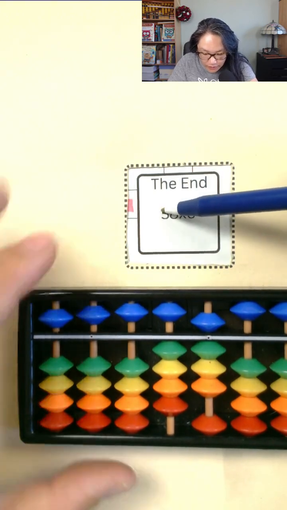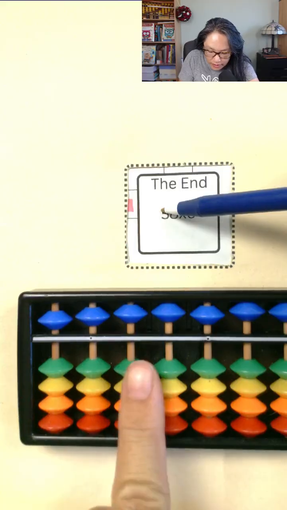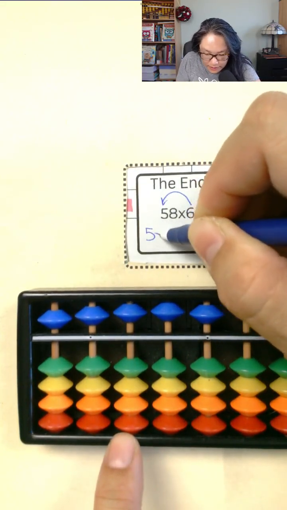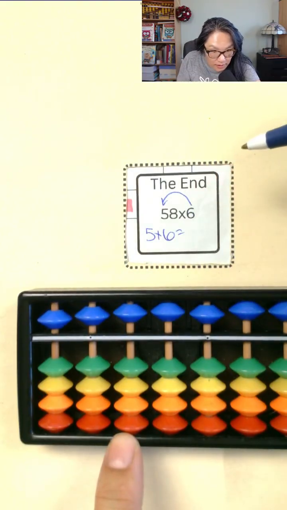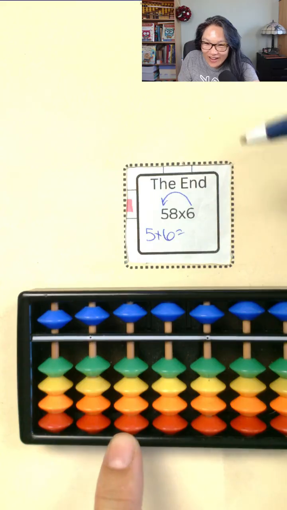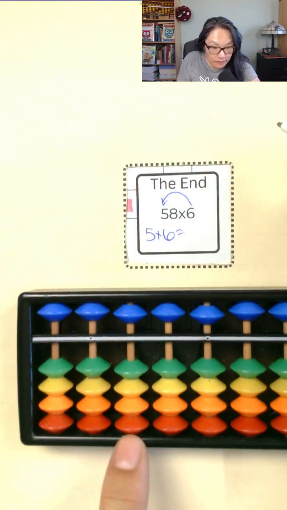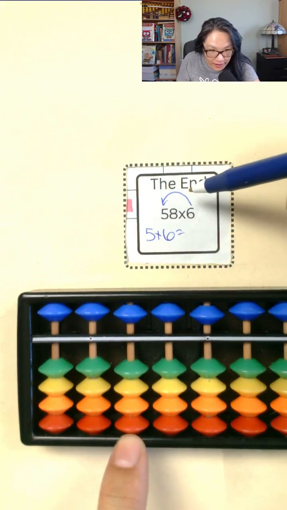Yes, 1, 2, 3. So guess what are we going to do? 1, 2, 3. We're going to do 5 times 6. 5 times 6 is what? Thank you, Fluffy. Thank you, Tammy.